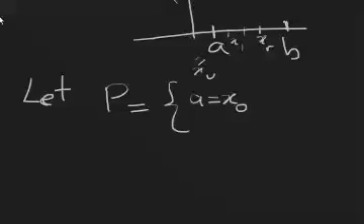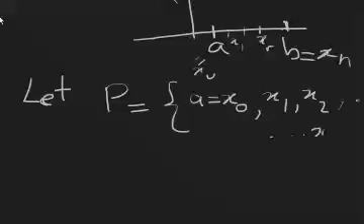This is the last point, x sub n. x0 is smaller than x1, x2, and the final point is xn, which is the same as b, right?